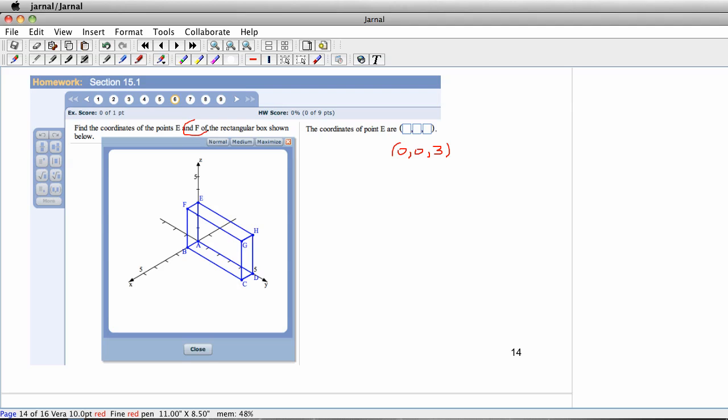Coordinates of point F, well, for F, I would have to go 1 unit in the x direction, so here, 1 unit in the x direction. I'm not going to leave that point. I'm not going to go in the y direction at all, and then I'm going to go straight up 1, 2, 3 units. So 1, 0, 3 would be the coordinates of point F.